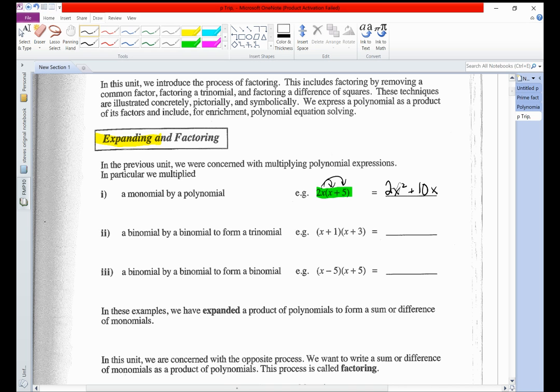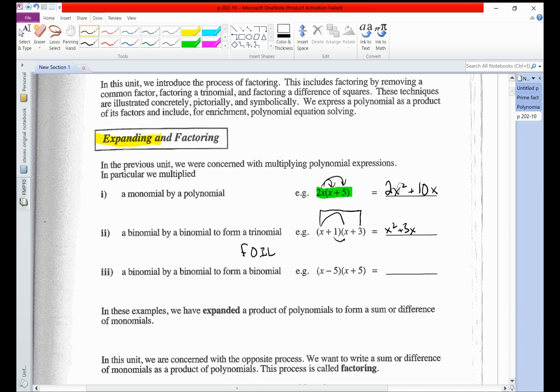We also did a binomial by a binomial, and we used FOIL for that. So for the next two, we are going to FOIL. First: x times x is x squared. Outside: x multiplied by 3 is 3x.